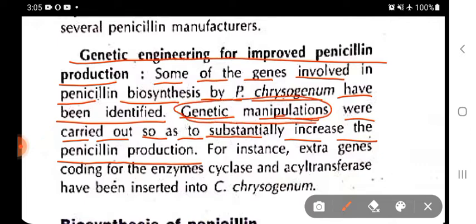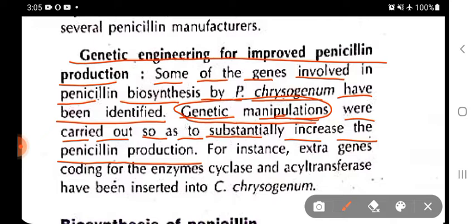That means we can modify the genes with the help of certain tools, like restriction enzymes to cleave, to cut a certain region in the genome, to introduce our gene of interest having more capability of penicillin production, maybe. So these tools or techniques can be employed to regulate the synthesis of penicillin and increase penicillin production.